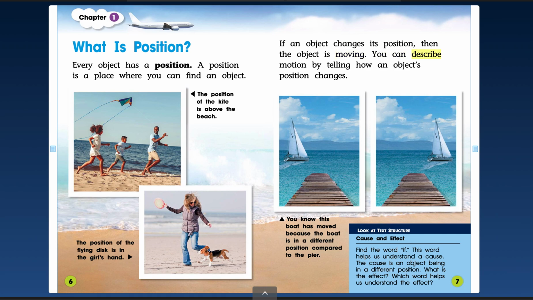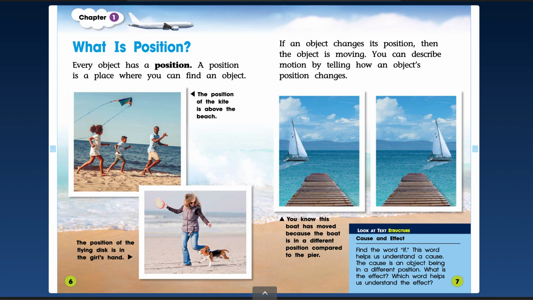You can describe motion by telling how an object's position changes. The position of the kite is above the beach. The position of the flying disc is in the girl's hand. You know this boat has moved because the boat is in a different position compared to the pier.